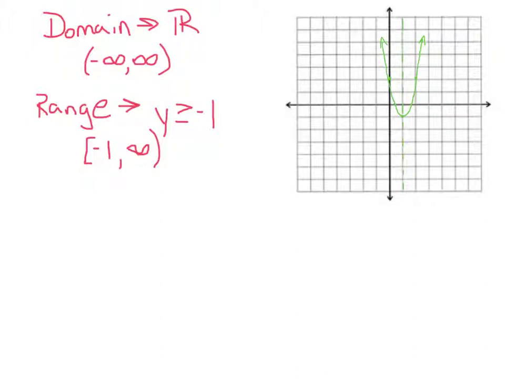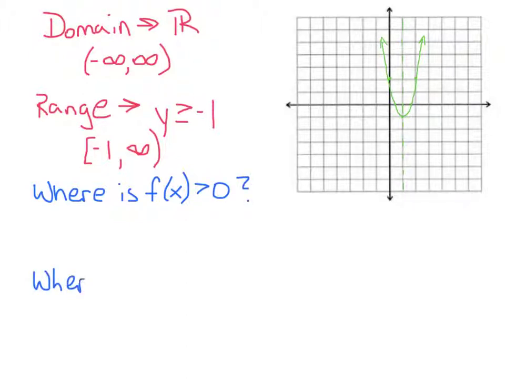The final two questions that I want to look at here are, where is the function f of x positive, and where is the function f of x negative? This can be a little confusing if you're not sure what the question is actually asking.